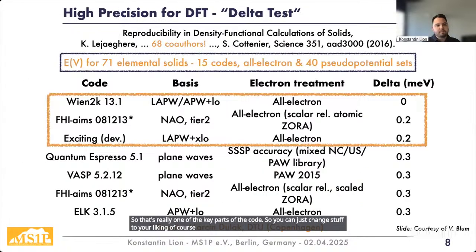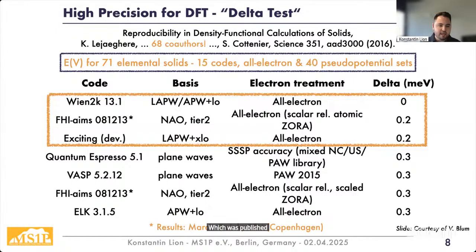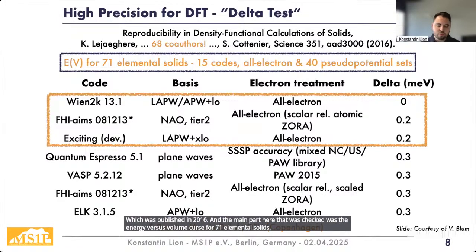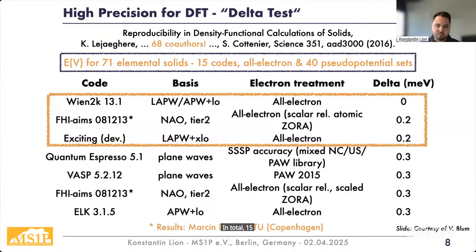The high precision of FHI-aims for DFT calculations has already been shown in the literature. Some of you might know this as the delta test, which was published in 2016. The main part that was checked here was the energy versus volume curves for 71 elemental solids. In total, 15 codes were compared, between all-electron and pseudopotential codes.